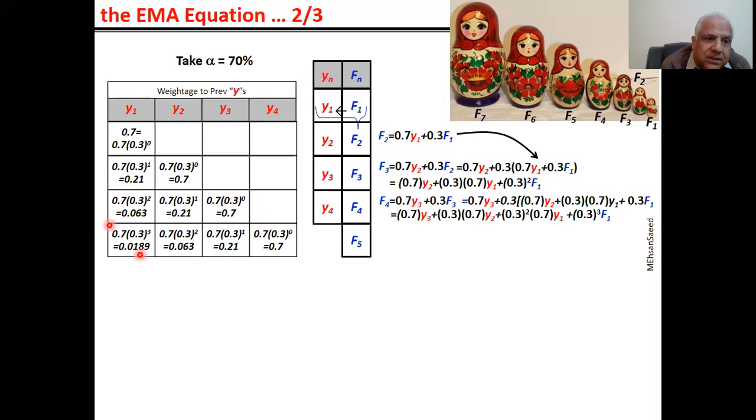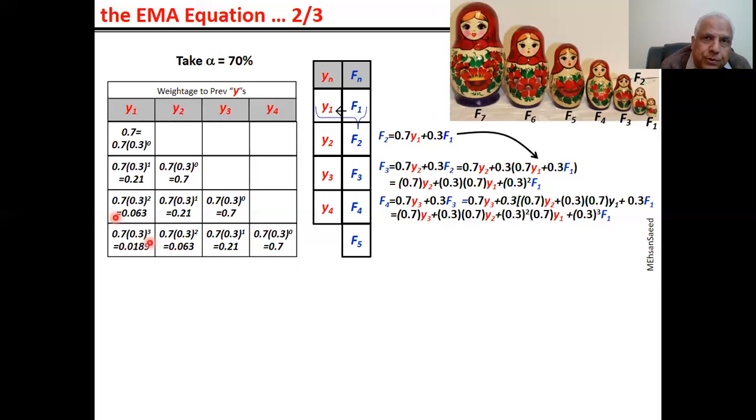Now see this one here. As you progress into the future, the weightage given to the previous forecast reduces exponentially. 70%, 21%, 6.3%, 1.89%. And it is shown exponentially over here. 0.3 raised to the power 0, 0.3 raised to the power 1, 0.3 raised to the power 2, 0.3 raised to the power 3.